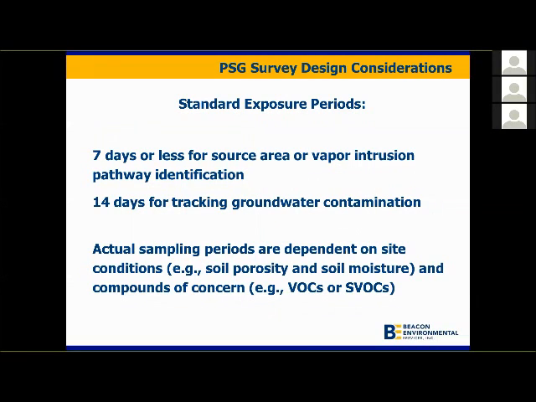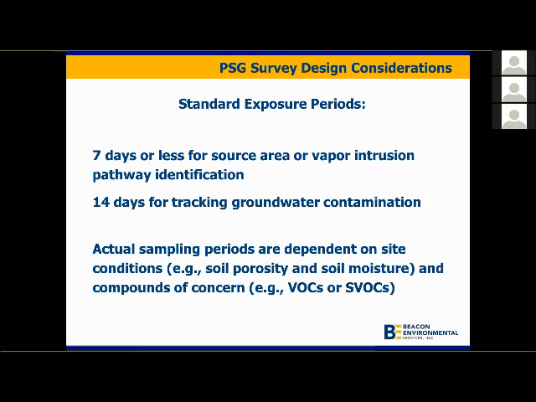As far as an exposure period, when you're sampling looking for source areas or identifying a vapor intrusion pathway and risk, 7 days or less is fine. In fact, we've done surveys that only had the samples out for 24 hours. However, when you're tracking groundwater contamination or contamination at greater depth, you want to leave the samplers out longer.